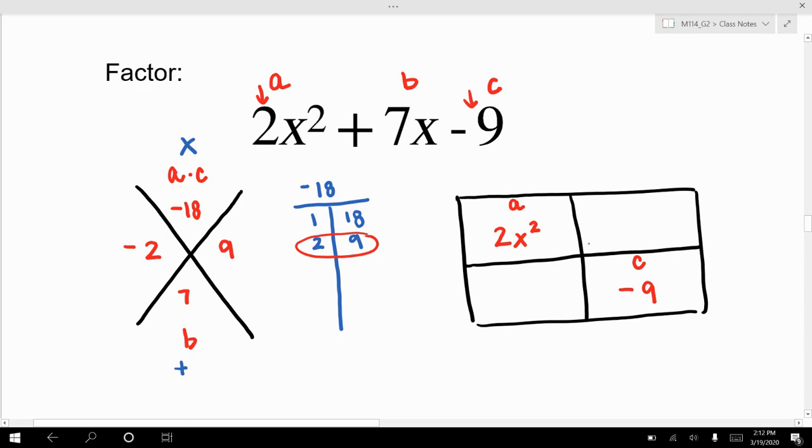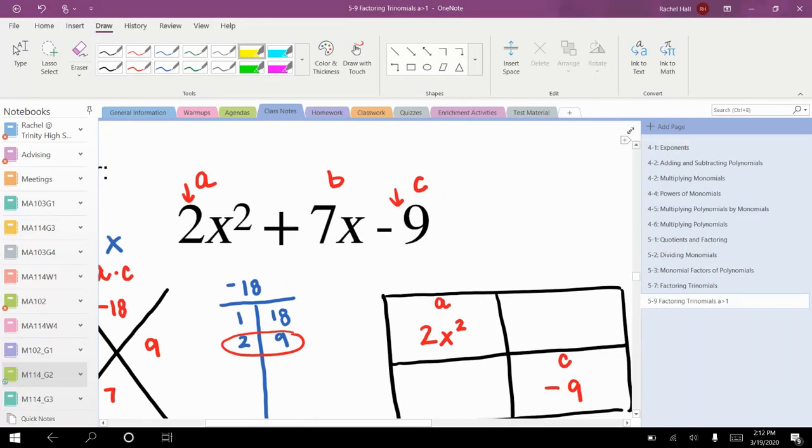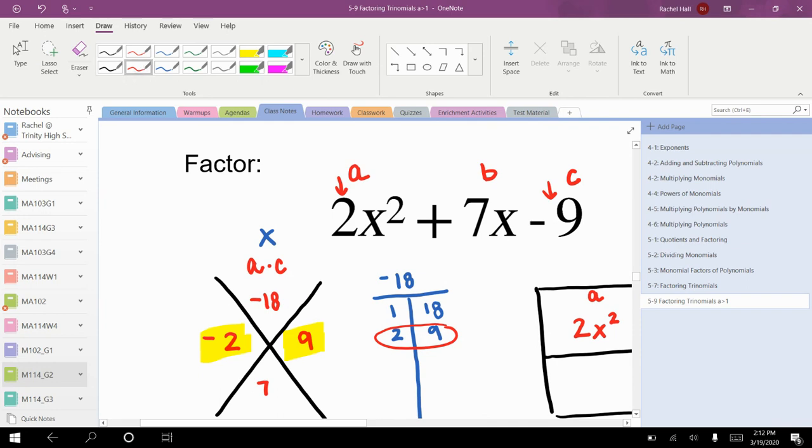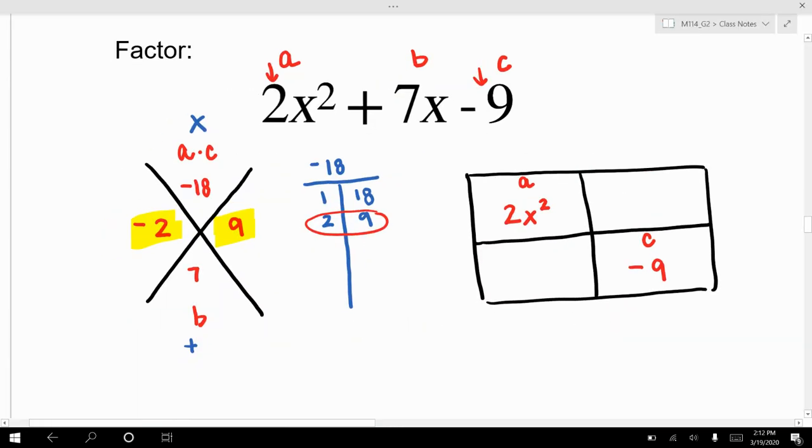And in the two remaining boxes, we're going to place the factors on the left and the right of our X along with our variable. So we're going to put negative 2 and an x goes with it, 9 and an x goes with it. Now, this is our box.